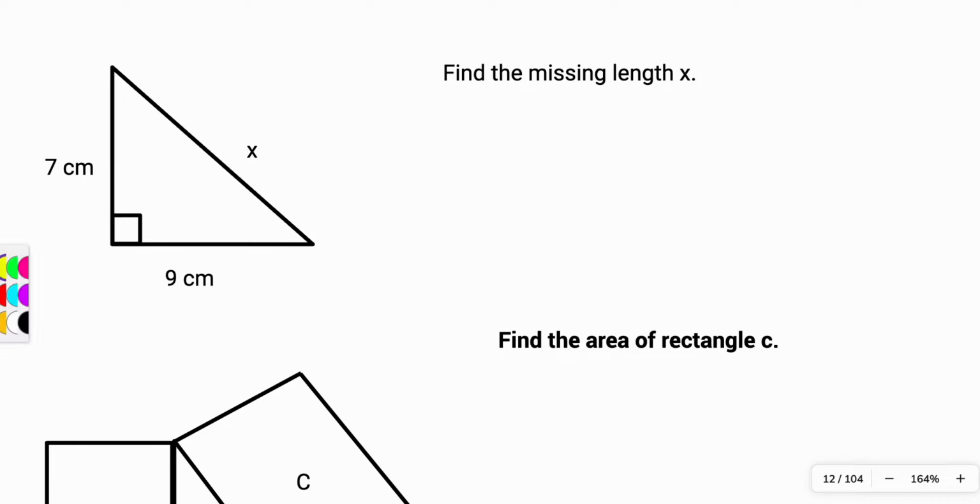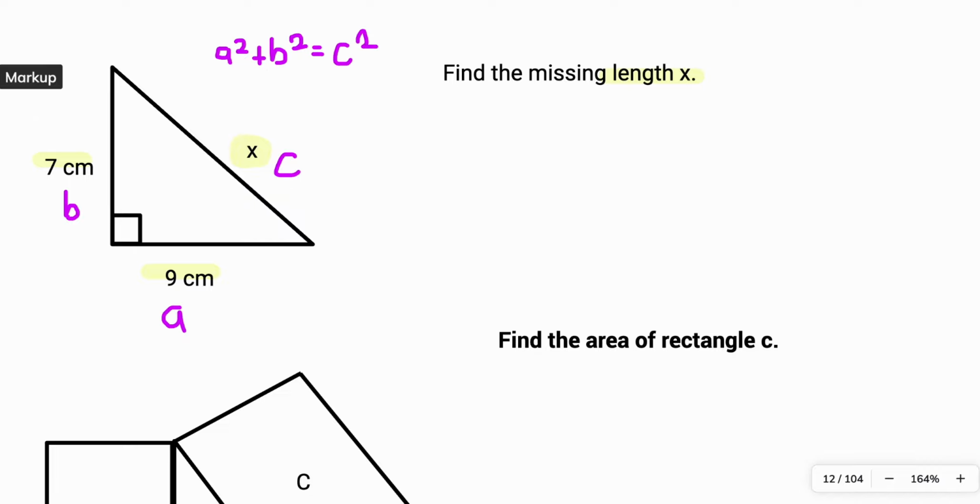So let's move on to our first question. We are going to find the missing length X. So we have A and B. All we have to do is plug those into our formula. Our formula again is a squared plus b squared equals c squared. So now I'm just going to plug those in.